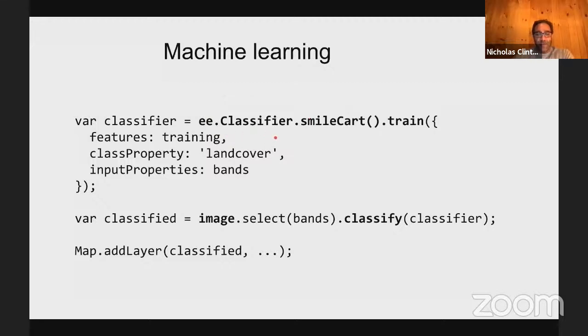And we've got a bunch of classifiers in here. This is just demonstrating CART. But we've got neural networks and support vector machines and random forests and linear regression and all the familiar machine learning algorithms you can generally find in ee.classifier.